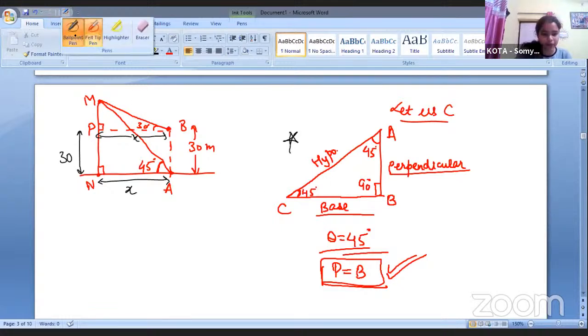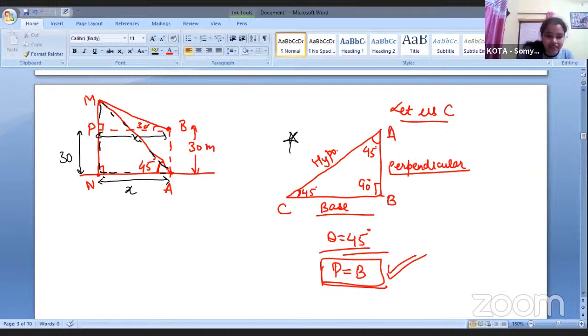Now coming back to the question that we have, just see in this particular triangle, MNA, a right angle triangle. In this right angle triangle, 45 degrees is here, 90 is well defined, 45 is there. So this is base for this particular triangle, and this whole is perpendicular. So the perpendicular will be equal to base.